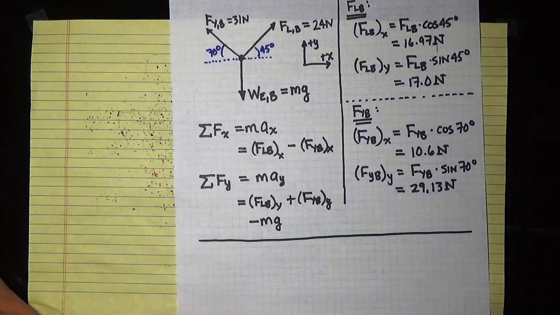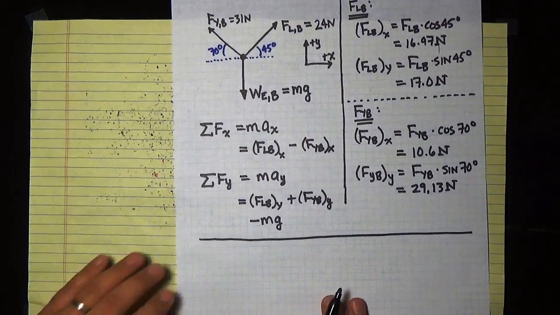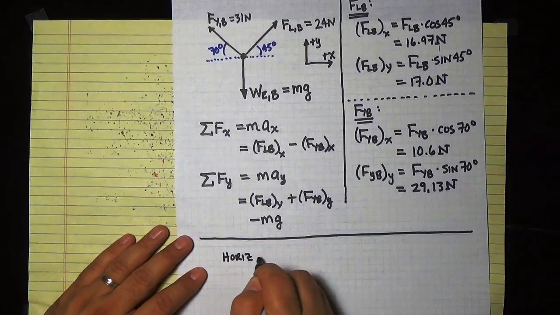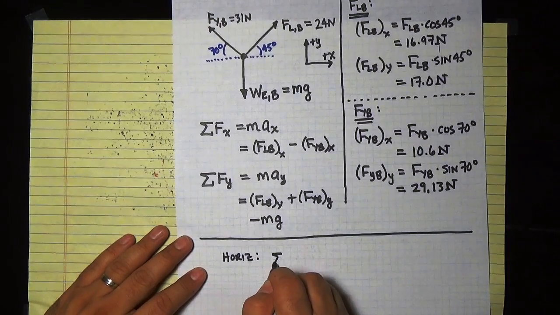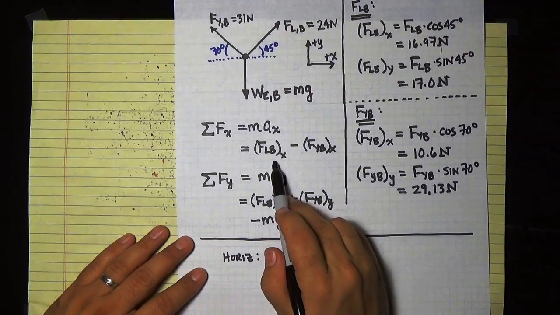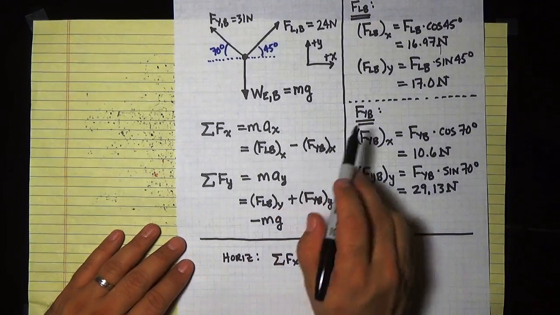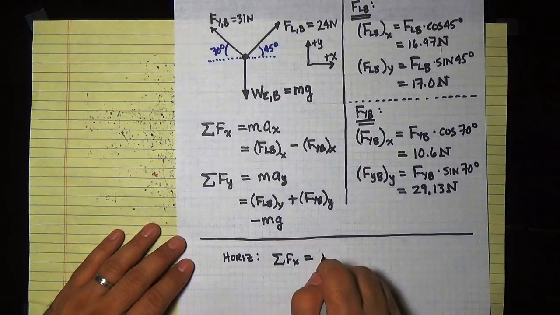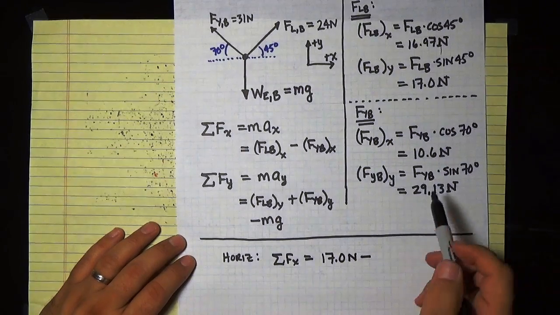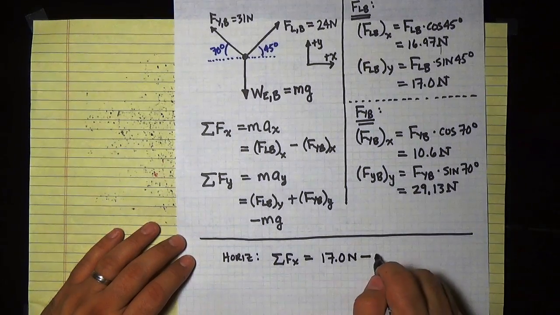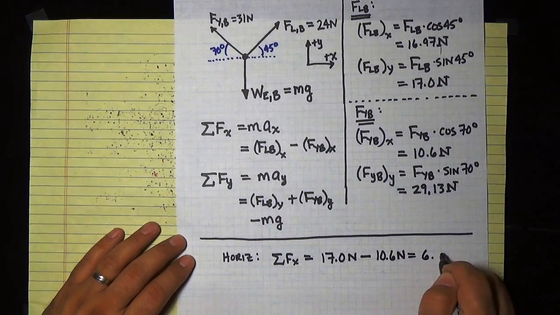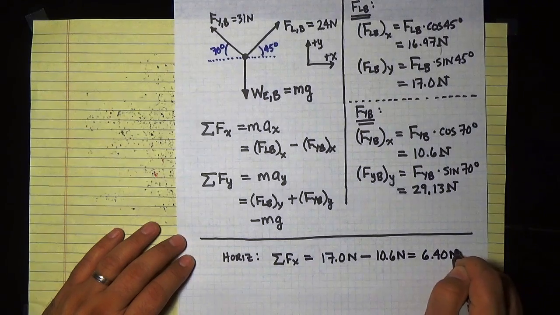And so now I can simply insert all of the numbers. In the horizontal direction, in the x direction, the sum of the forces in the x direction is equal to the force that I exert on the bucket, which up here we computed was 17.0 newtons, minus the force that you exert in the x direction, that's 10.6 newtons, and that overall is equal to 6.40 newtons.